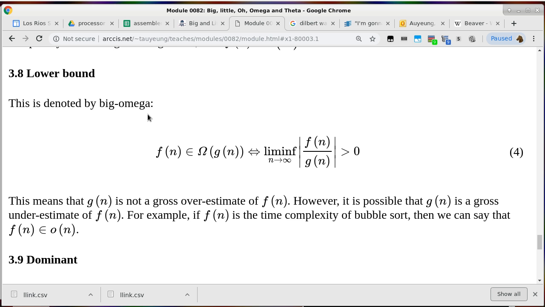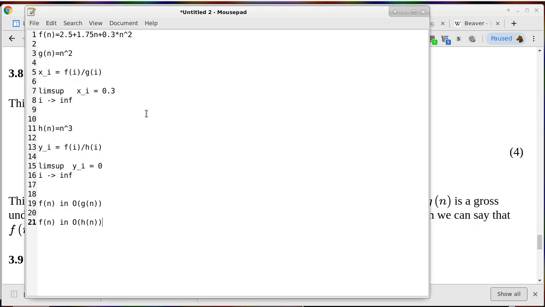Are we doing okay so far? It can be a gross underestimate. So I'll give you an example of a gross underestimate. We are keeping this f of n here. We got g, h, and then i, j, k. We can use k. So we'll define k of n as a constant.